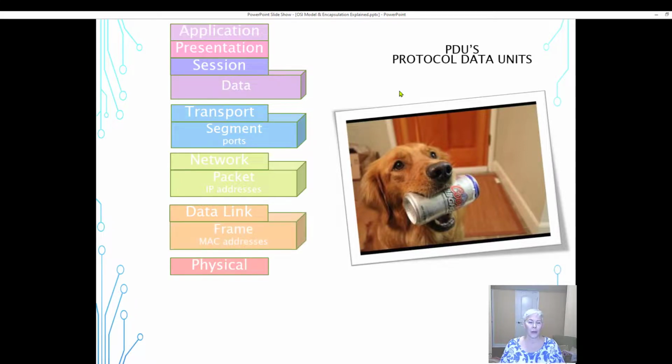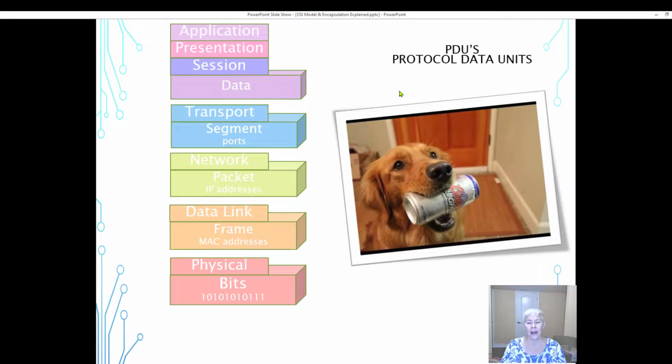Here, it picks up the source and destination MAC address, and this protocol data unit is called the frame. Lastly, the frame will be put down onto the media or the channel. It will undergo a process called encoding. And at the physical layer, the protocol data unit is called the bits.